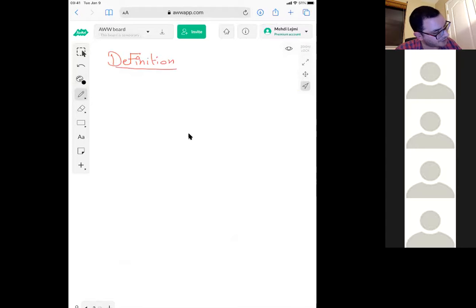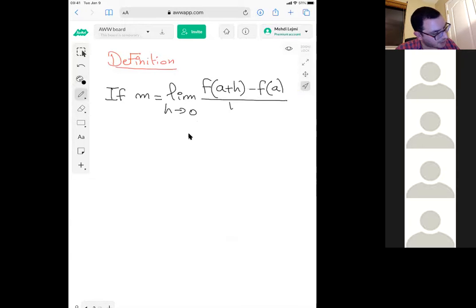So if the number m exists, which is by definition the limit as h goes to 0 of f of a plus h minus f of a over h. If this limit exists, you remember, guys, sometimes the limit does not exist.